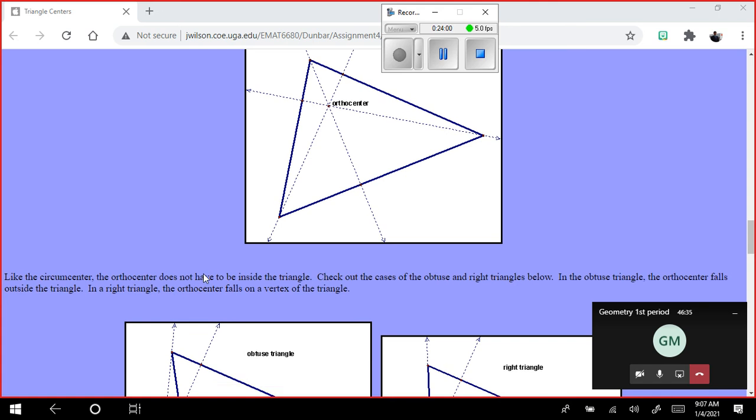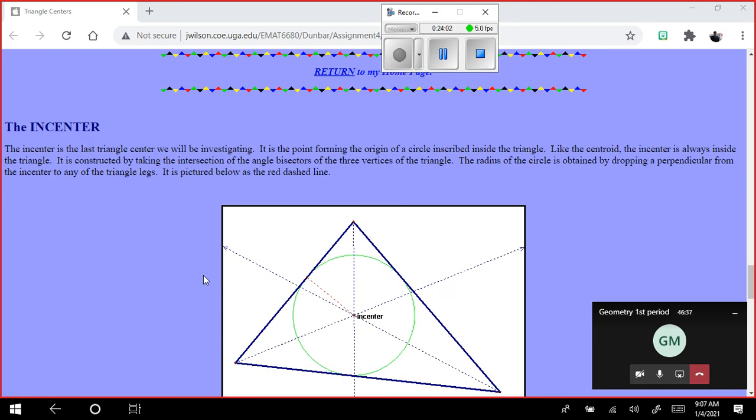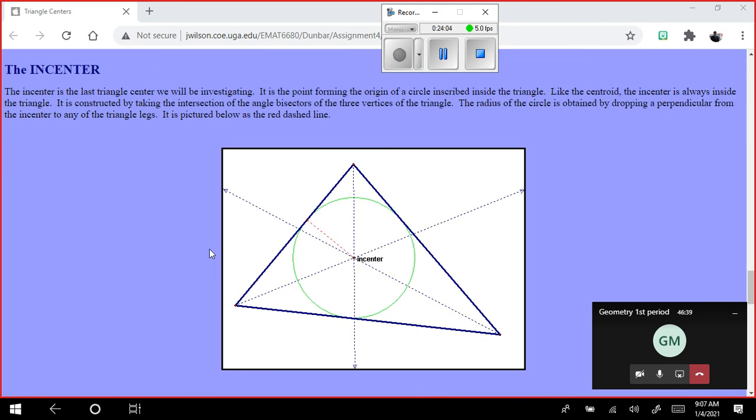Okay, and the last one was the incenter. The incenter is the last triangle center. It is a point forming the origin of a circle inscribed inside a triangle. Like the centroid, the incenter is always inside a triangle. It is constructed by taking the intersection of the angle bisectors of the three vertices of a triangle.